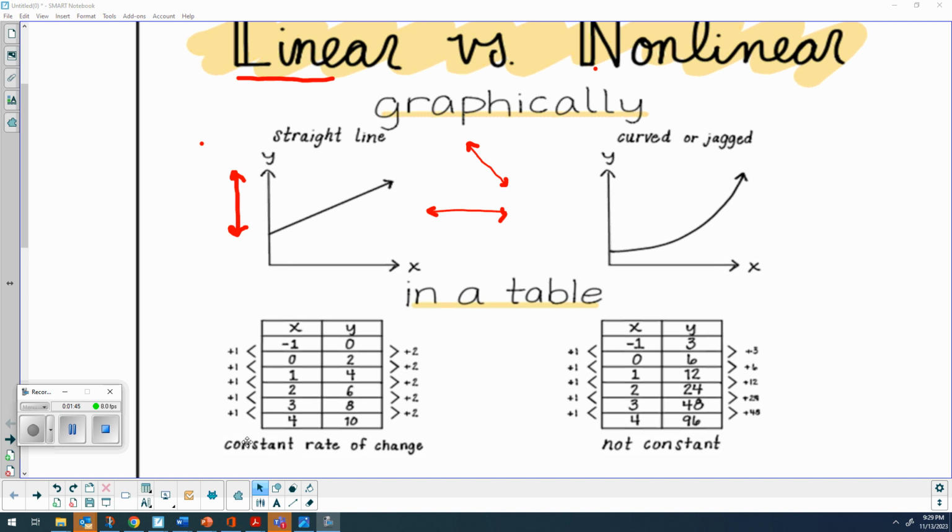So that table would be linear. If a table, when you are looking at the change between the values in a group, for example, the x values are all constant. However, on the y value side, they're not constant. So this table would be a nonlinear table.